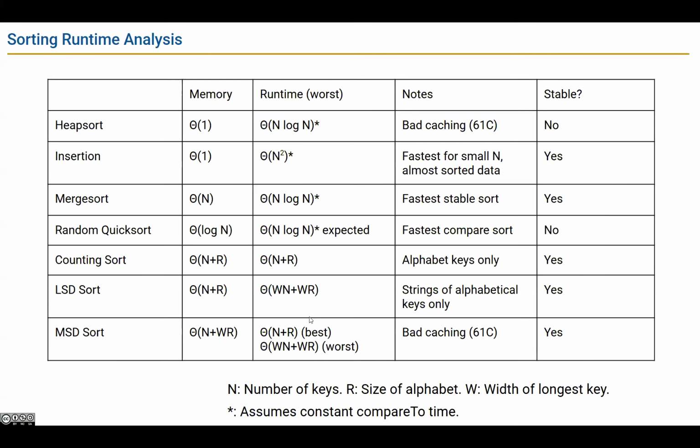Overall, we are going to end up getting MSD sort. In the best case, it has better runtime than LSD sort. One small issue is that MSD sort does take additional recursive subcalls, so it is going to be slower in that regard. It's going to have the same issue as heap sorting with caching. But overall, you're going to end up having this other approach to sorting things.